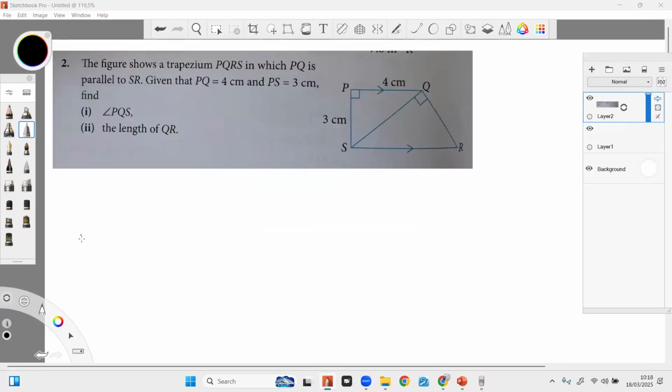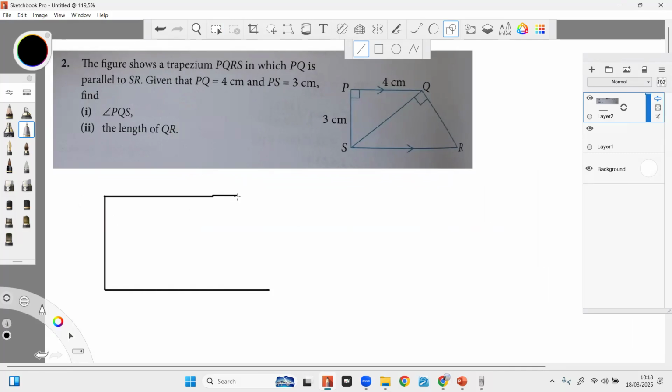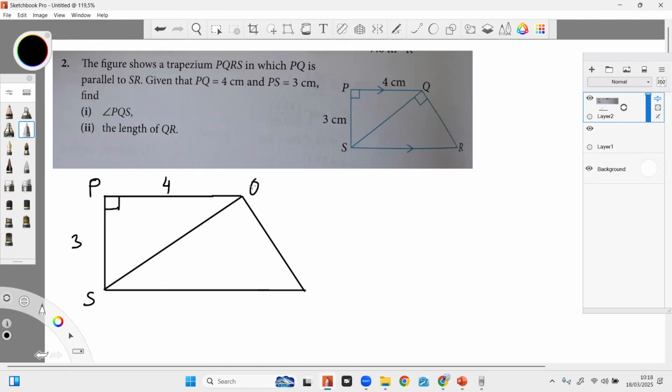I will draw the trapezium one more time, a bit bigger for easier visualization of the triangle. And it has the signs here. Remember the rules later? The alternating angle, corresponding angle, and so on. You may pause the video now.